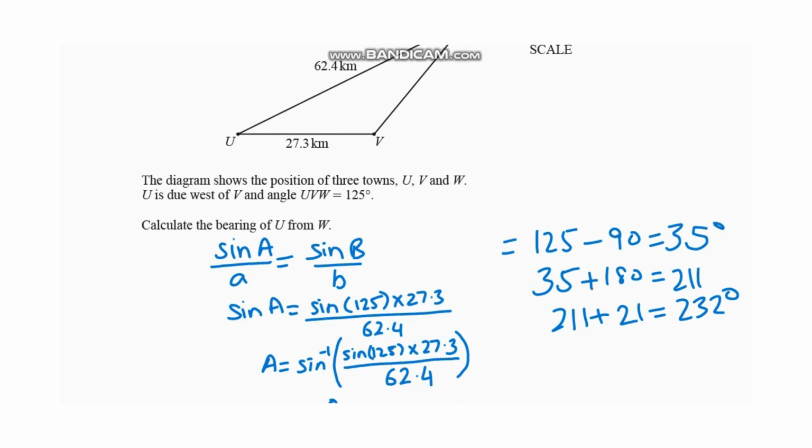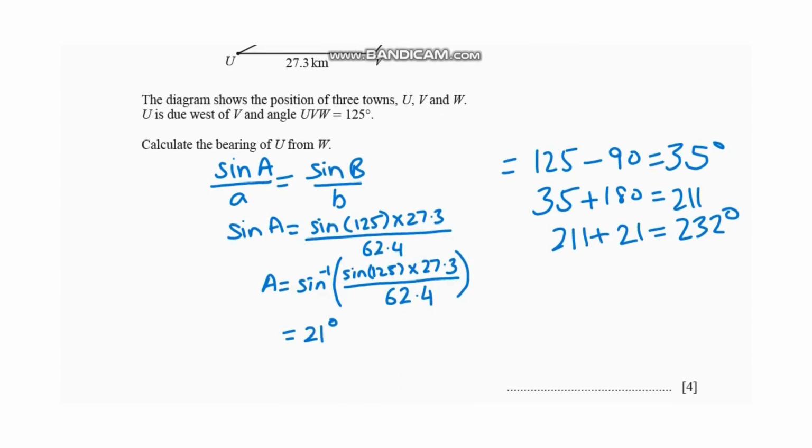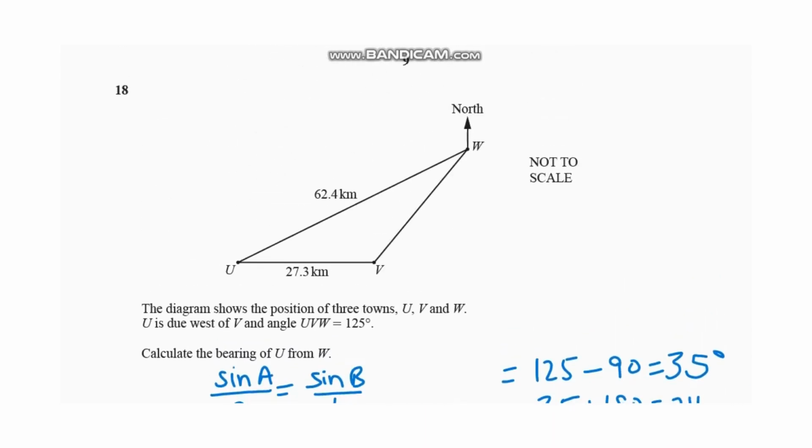It will be sine inverse, and the angle for A will be 21 degrees. Now we have the angle, which is this one, angle UWV. Now we have this angle, and the question is calculate the bearing of U from W.